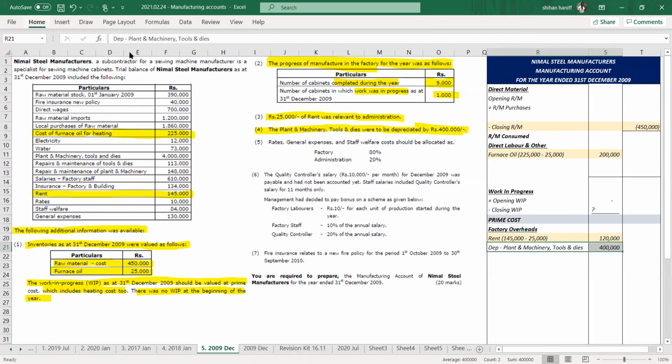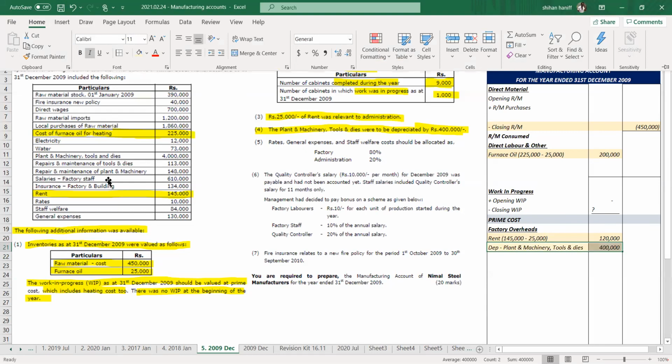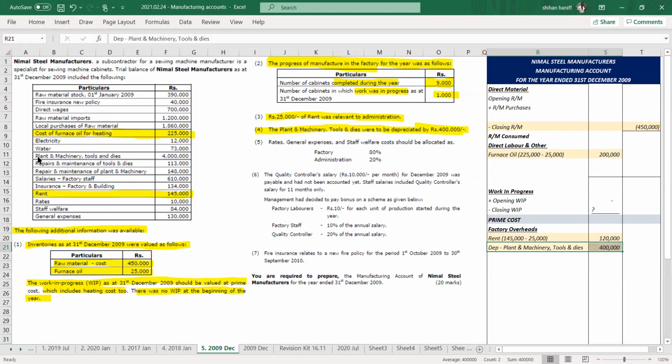You don't need to take the cost of plant, machinery and tools, which is 4 million. Out of 4 million, 10% they have depreciated, 400,000. Remember, you don't take the cost, you take only the depreciation to the manufacturing account.